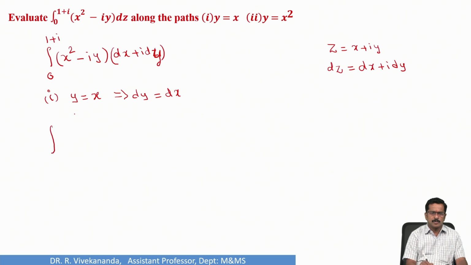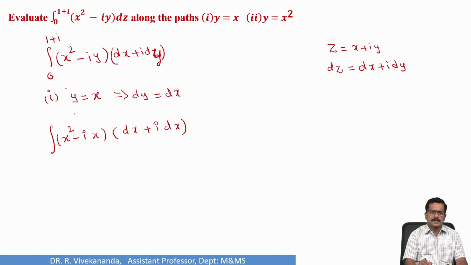So now I'm going to reduce the above integration into a single variable integration, that is x square minus i into y, which is given by x, into dx plus i into dy, which is also nothing but dx.